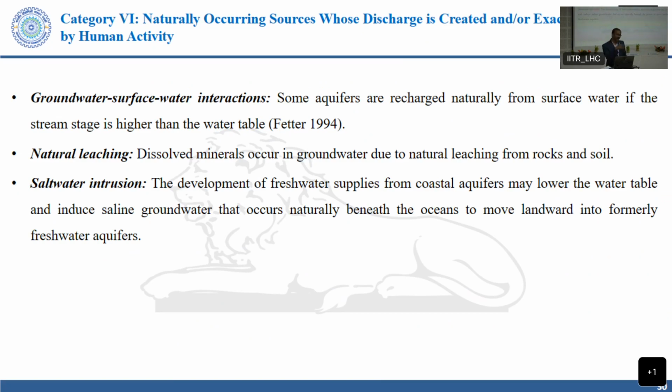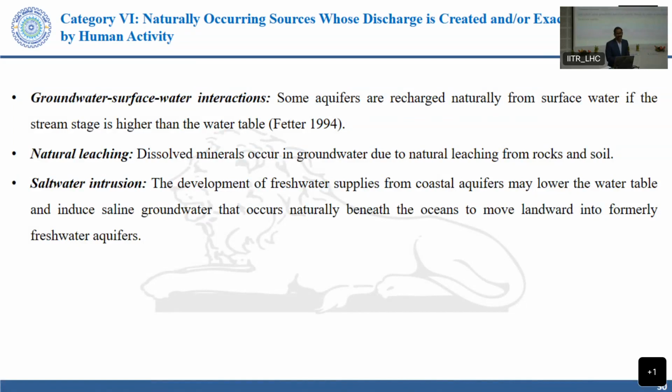In a coastal area, one side is the saline water and the other side is the freshwater aquifer. Once you extract more freshwater, the saline water will be induced into your aquifer and move toward where you are extracting from the well. That is also one problem. So in that way I have covered this part.